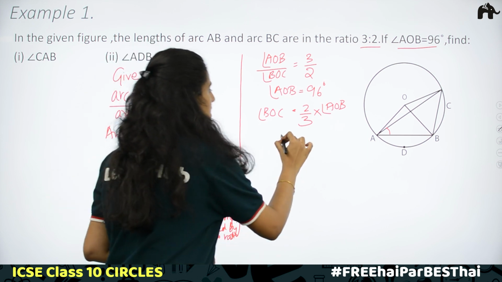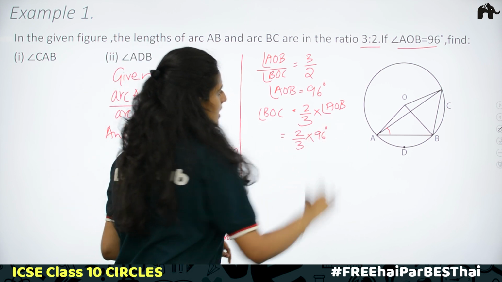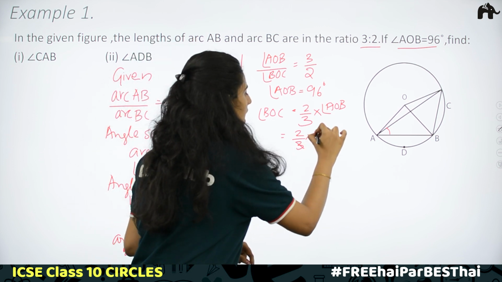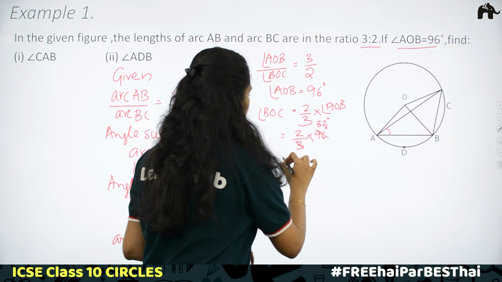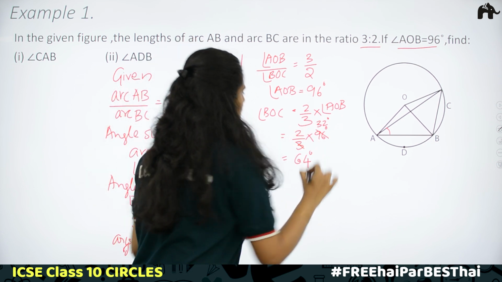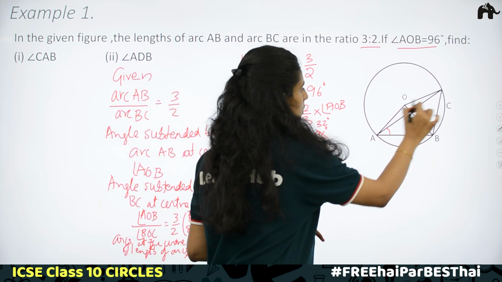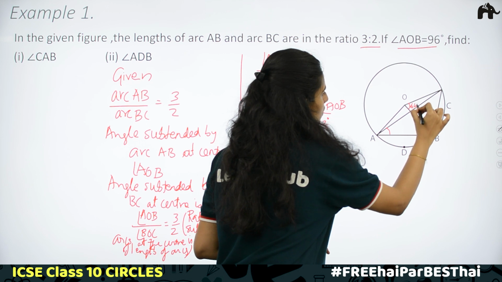That is equal to 2 by 3 into 96 degrees. 3 and 96 can be cancelled; here we get 32 degrees. 32 degrees into 2 is 64 degrees. The measure of BOC, this angle, is equal to 64 degrees.